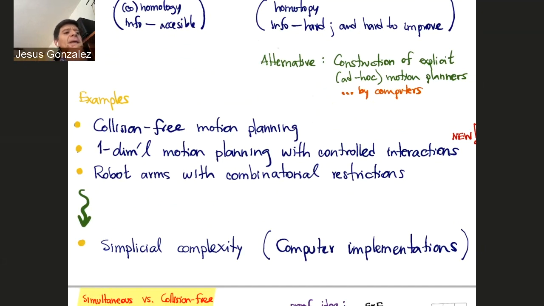And then I'm going to be saying a little bit about robot arms with combinatorial restrictions, and I'm hoping to convince you that these three examples motivate the need of having a solid ground where to start programming computers to look for these things.